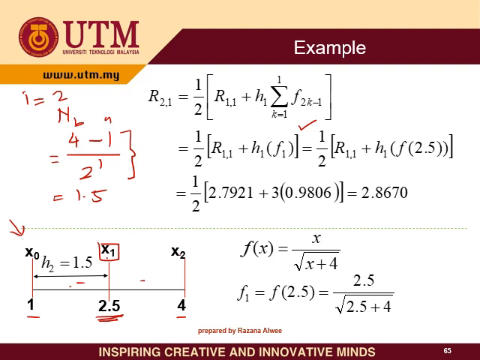So if you use this equation, R11 is from the previous calculation, h1 also is from the previous calculation, f1 refer back to the drawing that you made, and then you can see this is your x1, so this is your f1, 2.5. So you put 2.5 into the equation, and then you insert into the equation here to find your answer for f(2.5). This is from the R11. Then you will get the answer for your R22.